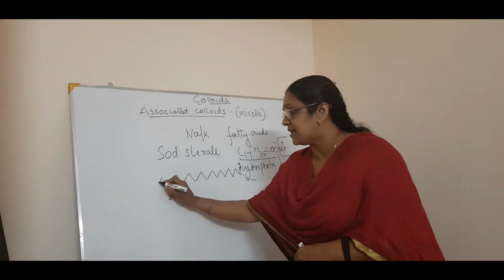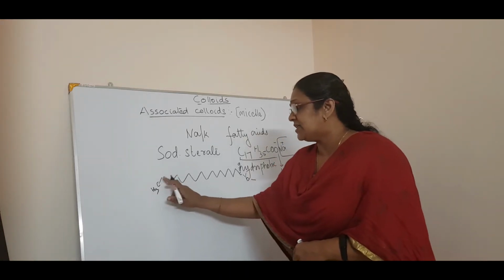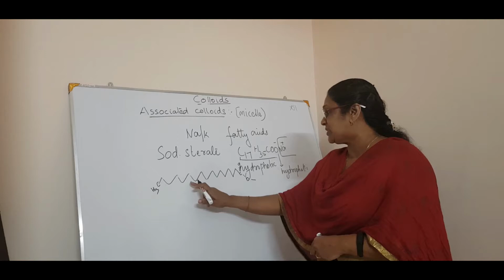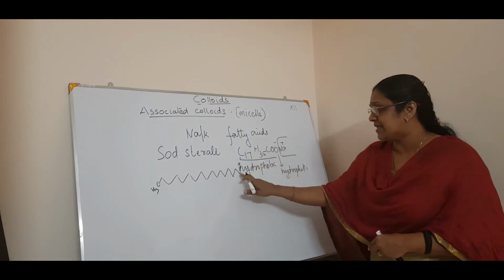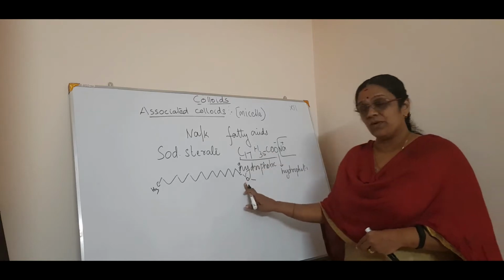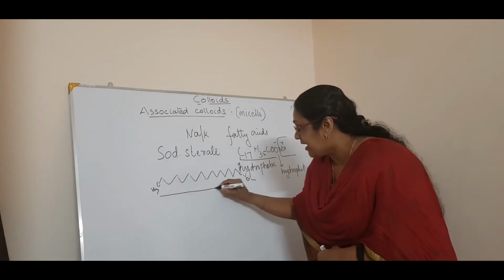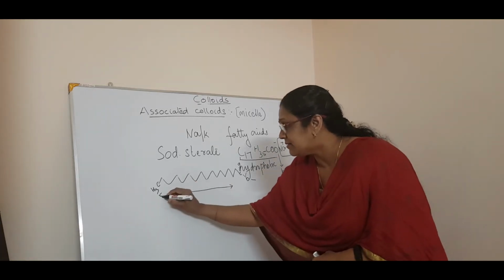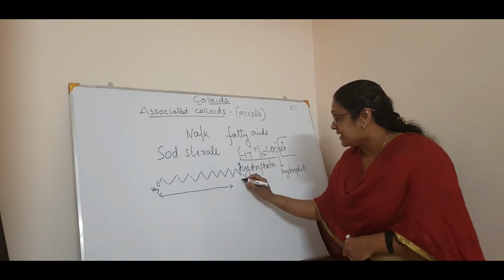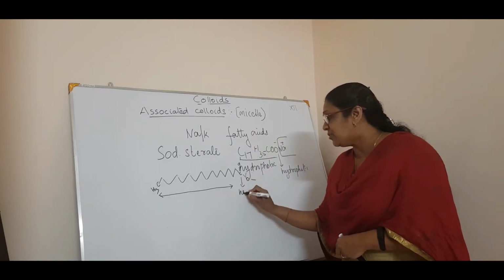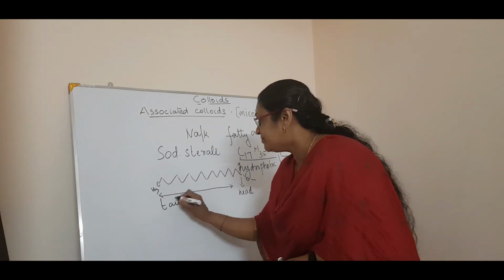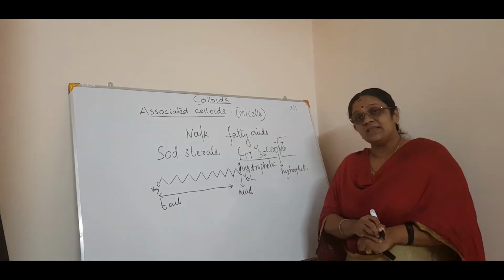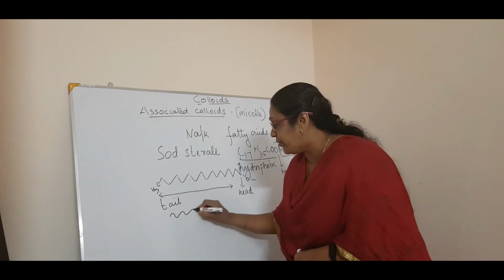And this is CH3, CH2, CH2, CH2, CH2, CH2, 17 times. Okay, CH2 is 16 times and then the last is COO. So this much portion is the hydrophobic part, the organic part, and this is the hydrophilic part, which we call the head, and this is the tail. You will draw it like this.